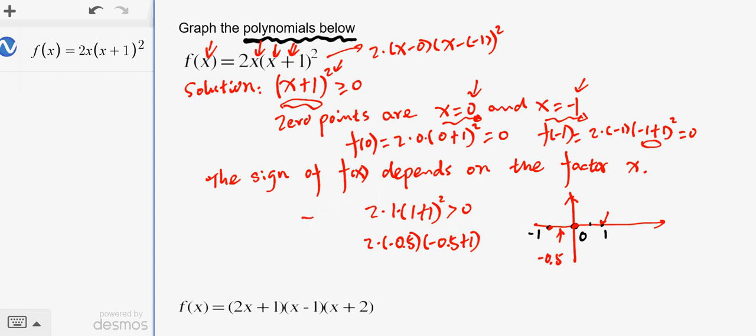The first one is f of 1. The second one is f of negative 0.5. So you see everywhere was x, now you replace by negative 0.5. This one is squared. See? So you always get positive for this one.